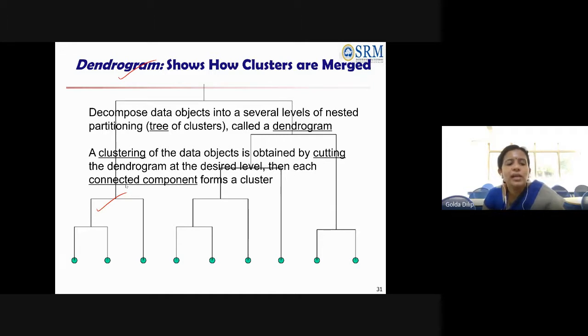It is a plot, a visual representation, which shows the hierarchy of the clusters. To get the number of clusters for hierarchical clustering, we make use of this concept called the dendrogram, where you decompose the data objects into several levels of nested partitioning, called a dendrogram.